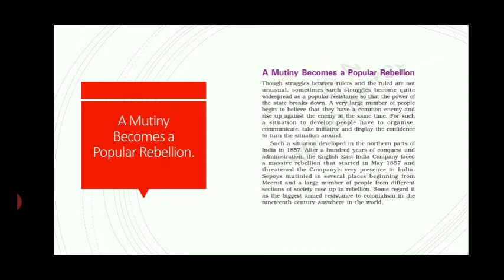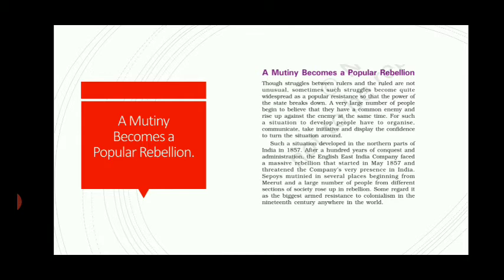After 100 years of conquest and administration, the English East India Company faced a massive rebellion that started in May 1857 and threatened the company's very presence in India. You all know that the East India Company came to India as a trader. But after the Battle of Plassey and later the Battle of Buxar, they became the Diwan of Bengal.